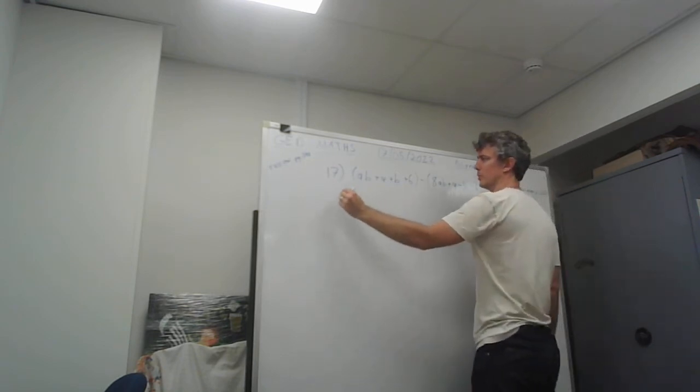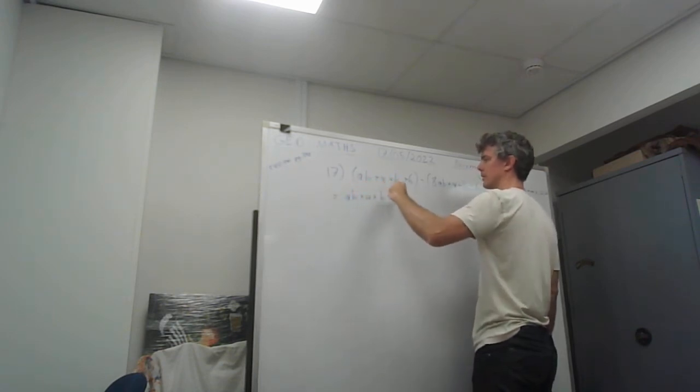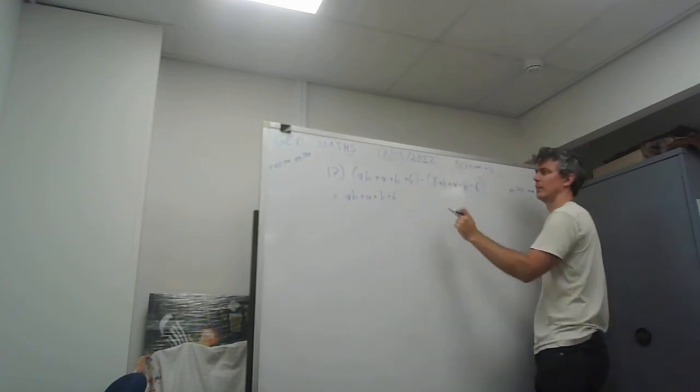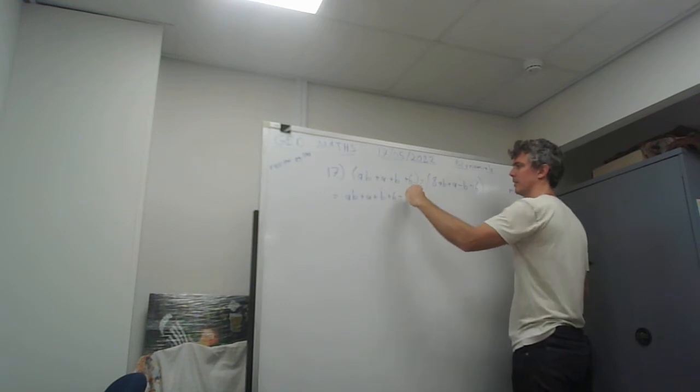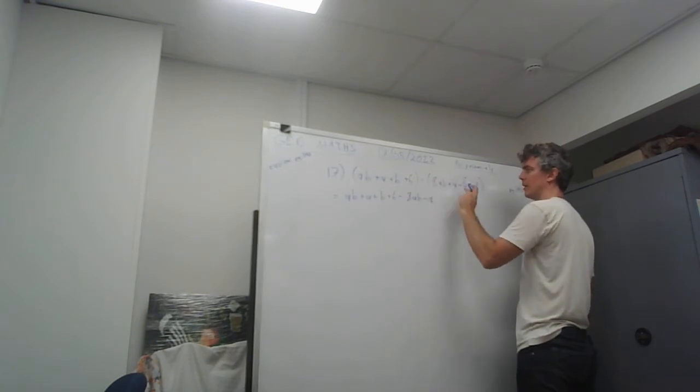So again, this one comes down the same way: AB plus A plus B plus 6. And now the negative goes through, so every sign will change. So we become minus 8AB, minus A. This one's a minus, so minus B becomes plus B. And minus 6 becomes plus 6.